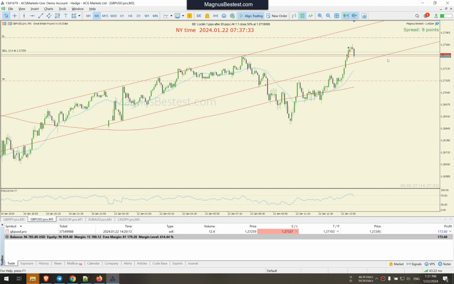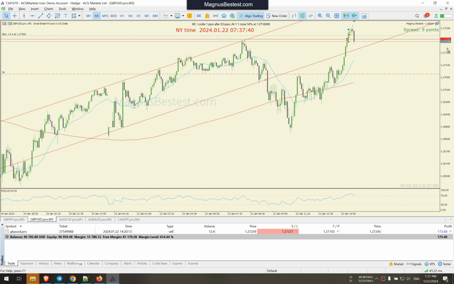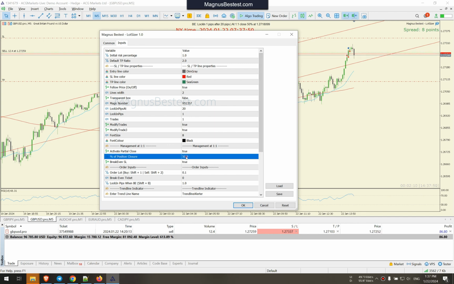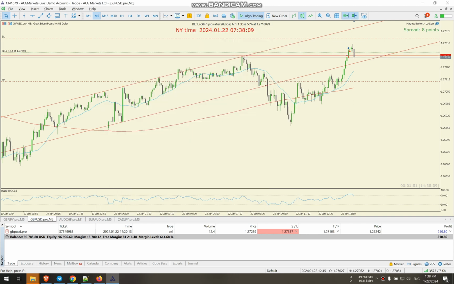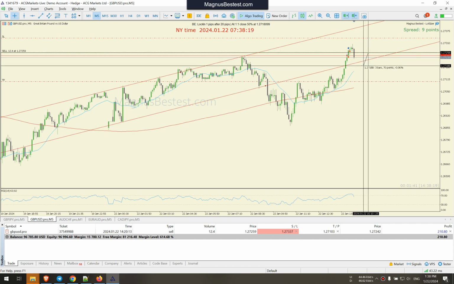Let's wait. This is one. Okay, this is 5-minute chart, but 1 minute looking like this. Let's wait just a little bit more. So over here you can see again the 50% will be taken off at 1-to-1 risk to reward level. Let me also mark the level with a trend line. So okay, wait first.